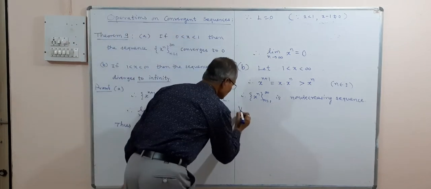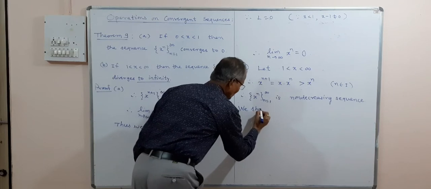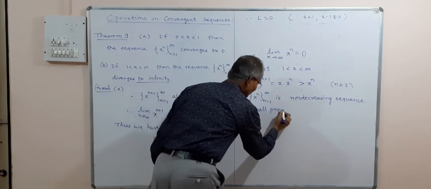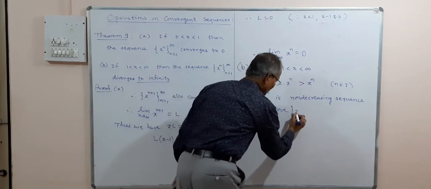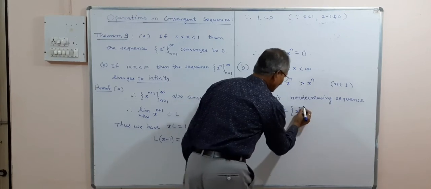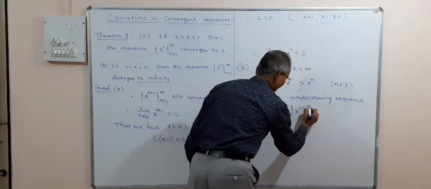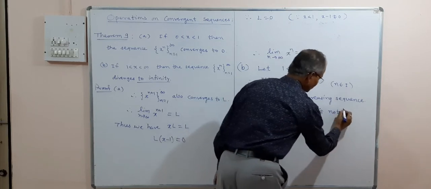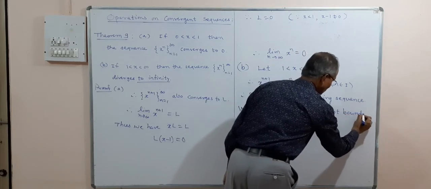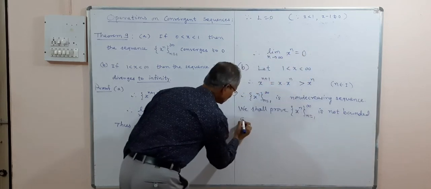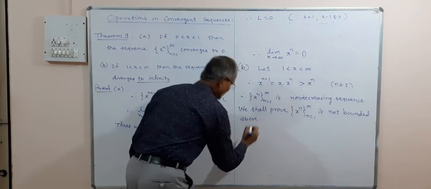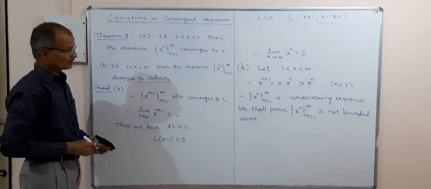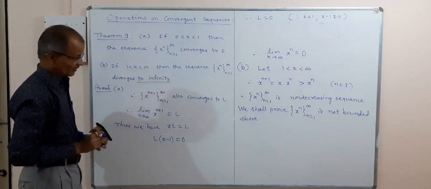So we shall show that, or we shall prove that x raised to n is not bounded above. And to prove this result, we shall assume the contrary.